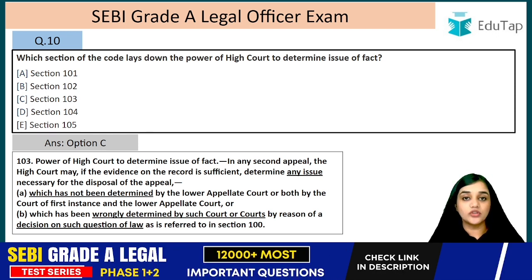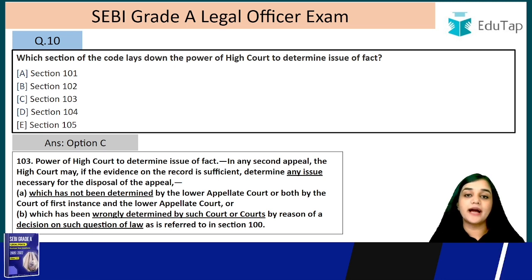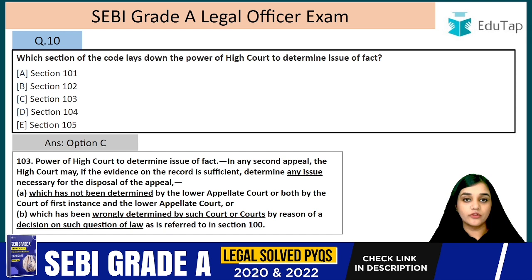So when such issue, it may be of law or it may be of fact, has not been determined, has not been decided by both the courts or by the appellate court, in that case, that question of fact can be heard by the High Court, right?